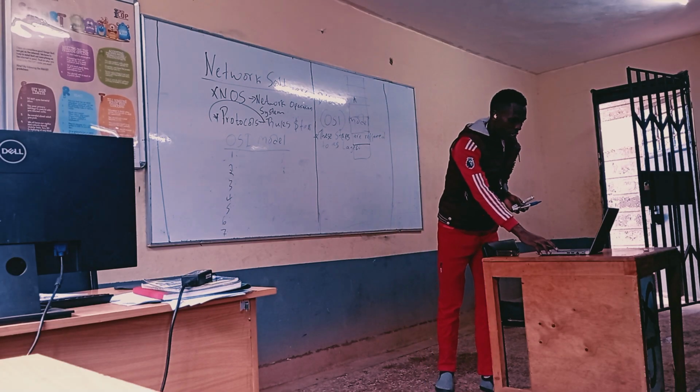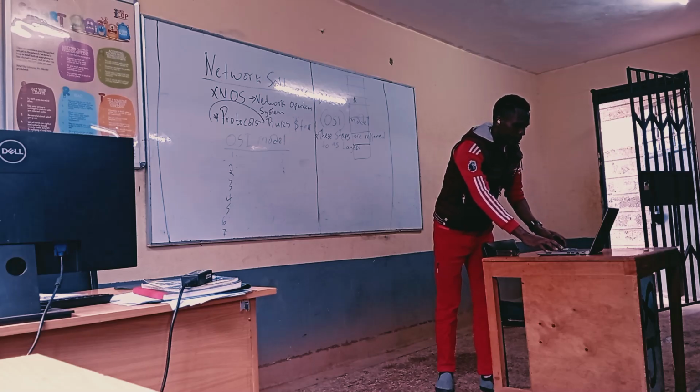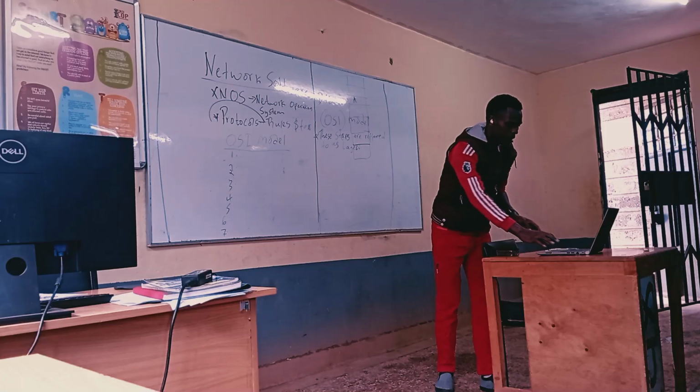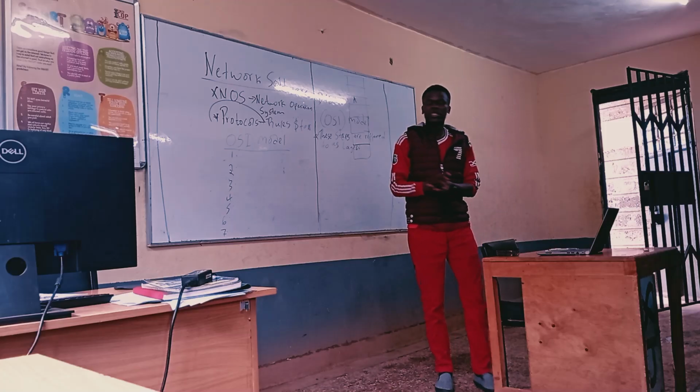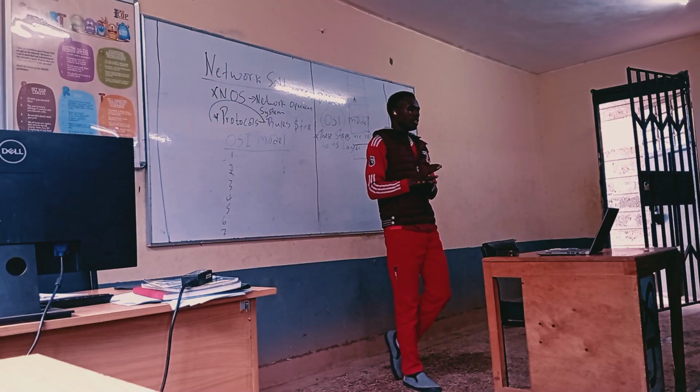So we write the OSI model. The OSI model has 7 layers, namely.